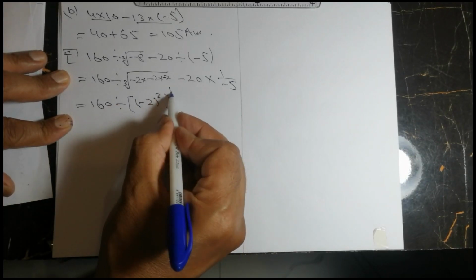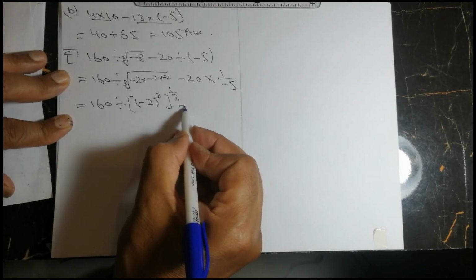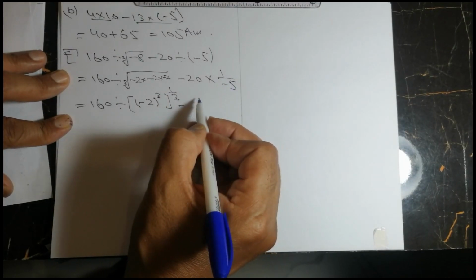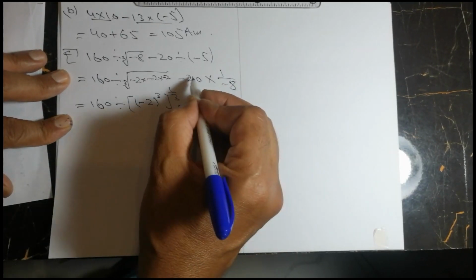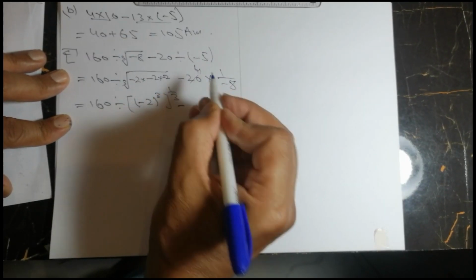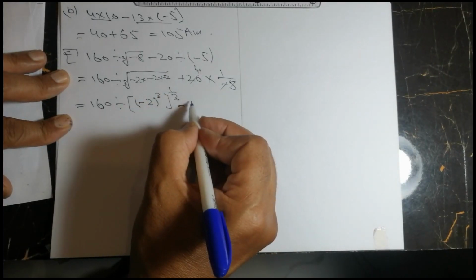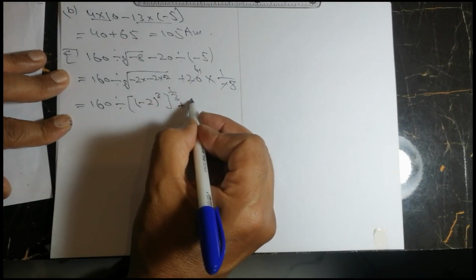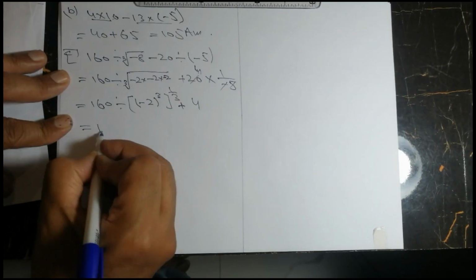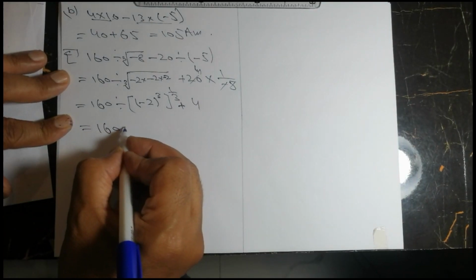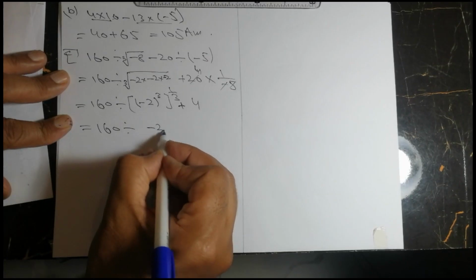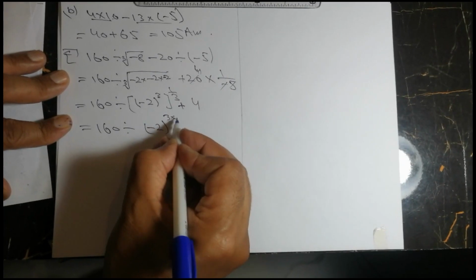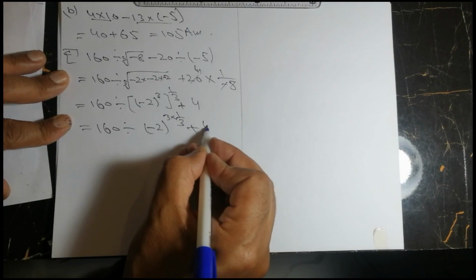And this is 1 by 3 power, and 5 4s are 20, and minus cancels with this one. So this is plus 4. 160 divided by minus 2 raised to power 3 times 1 by 3, plus 4.